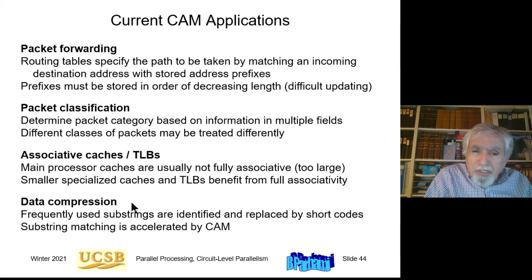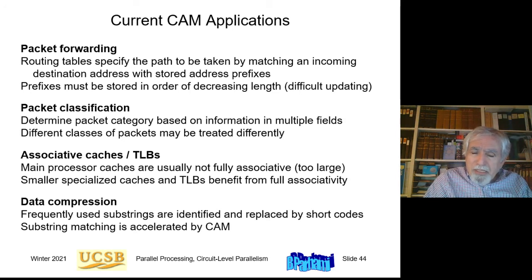And data compression is another example. A data stream is coming in, and when strings are noticed in the input, we search a table to see if we can replace those long strings with shorter representations to basically compress the data. An example would be replacing the string University of California, Santa Barbara with a shorter string, UCSB.